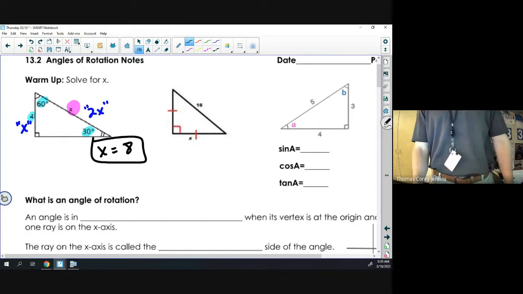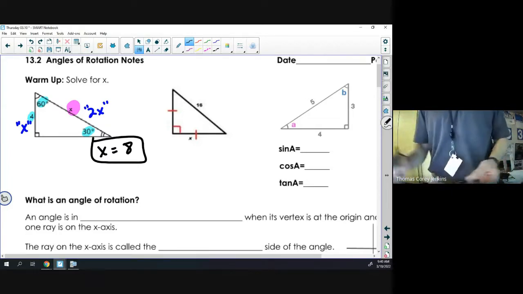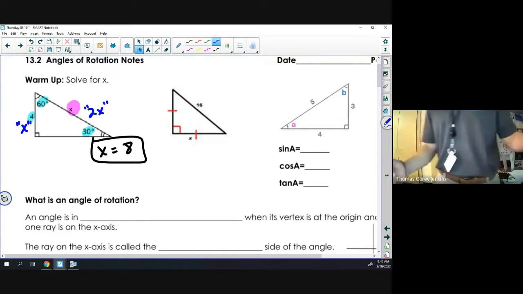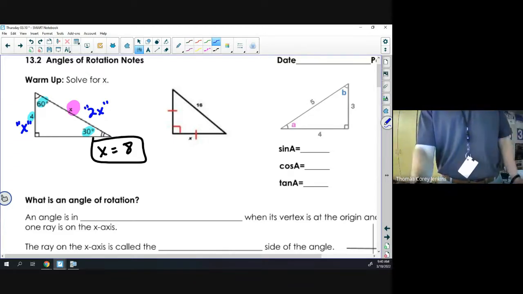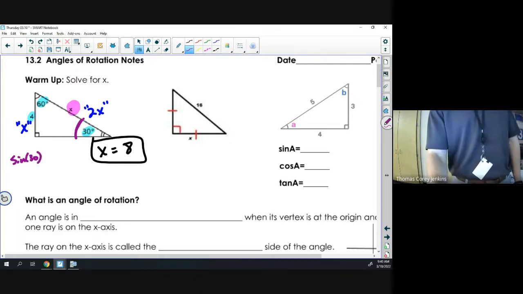So that's nice if you can remember it. We don't always remember that shortcut. Another approach would be to set up a trig ratio. As an example, you could say sine of 30 equals 4 over x.